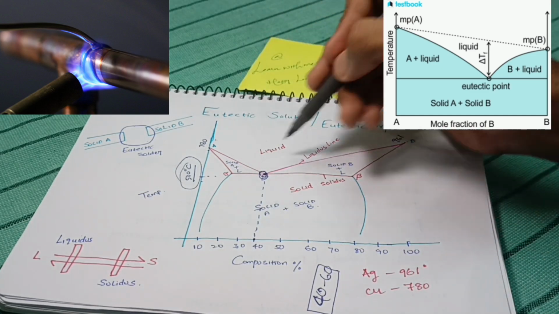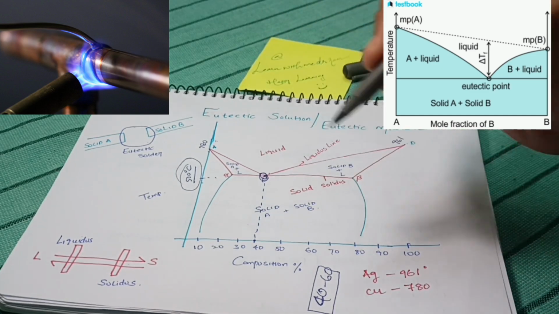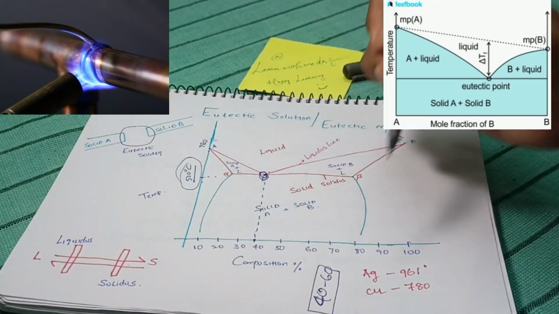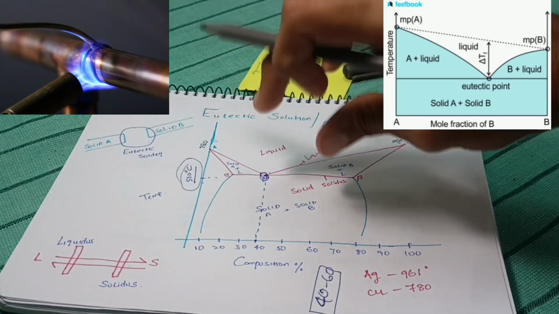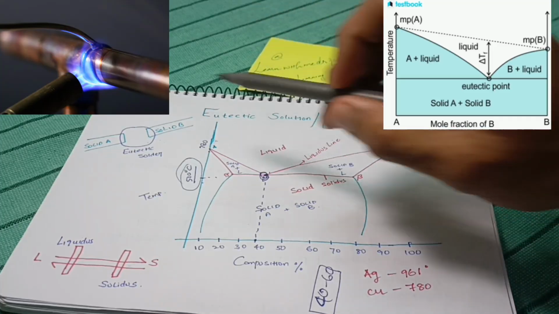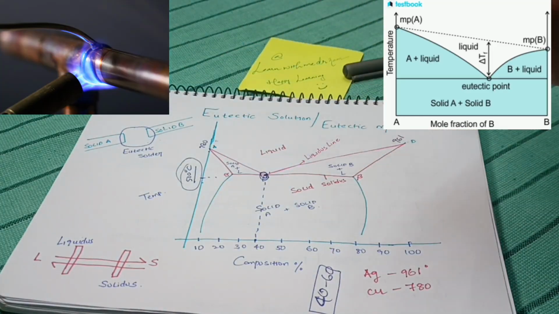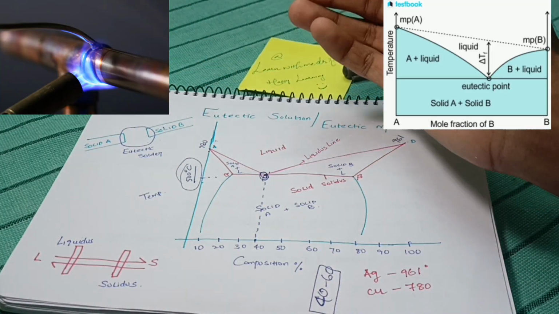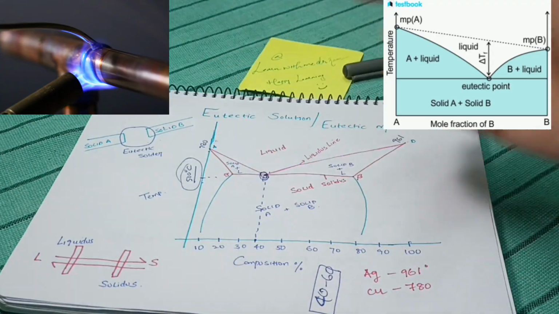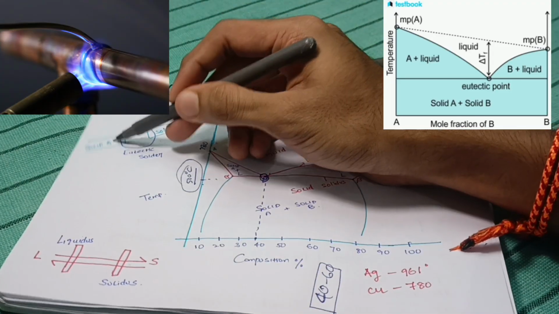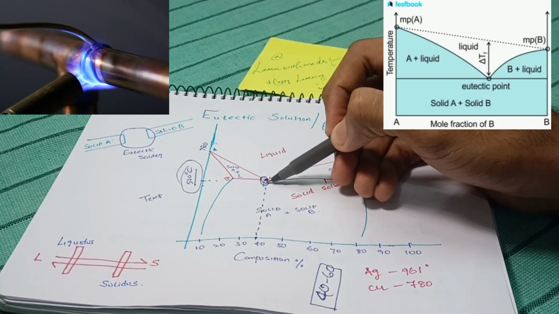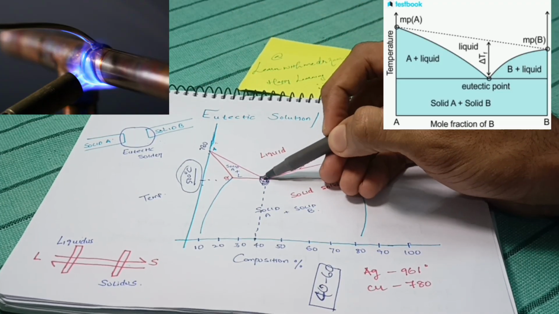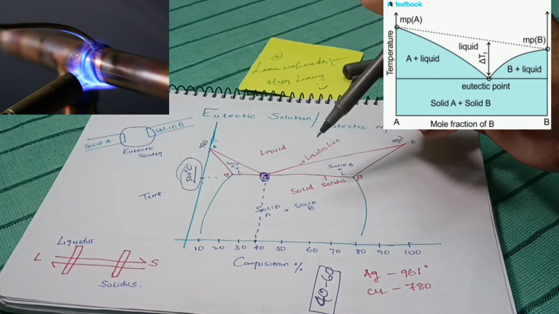So two different metals having a common temperature where I can use it for soldering, or for melting of both, the eutectic alloy. So if I want to solder differently, that is if I take a separate metal of copper and a separate metal of silver, then I can solder these two metals by using this eutectic alloy temperature, and I can solder these two metals.